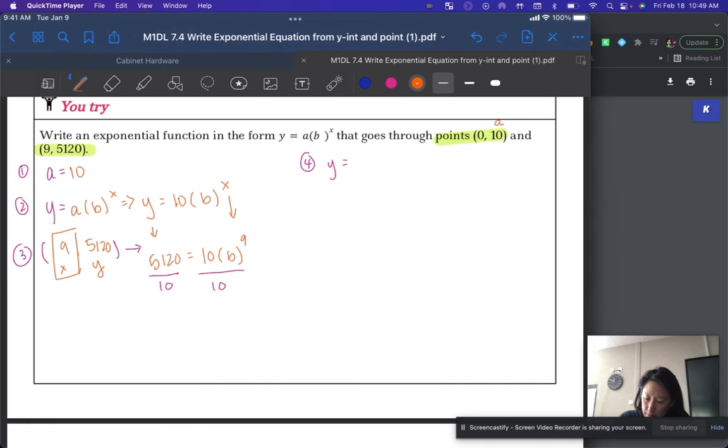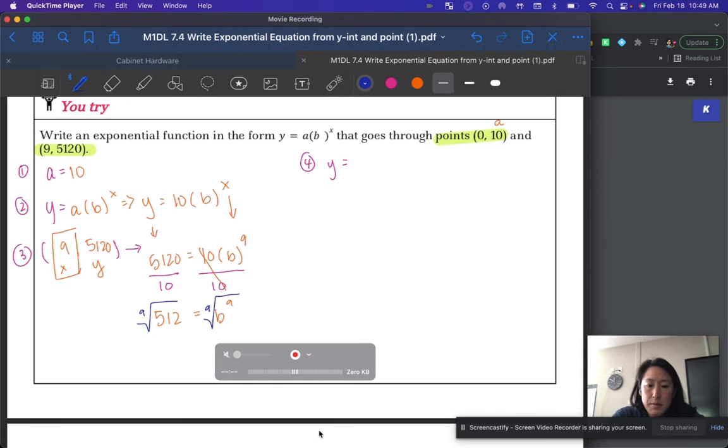I get 512, and 10 divided by 10 is 1. On the right-hand side, I get b to the 9th power. Okay, so a square root undoes a square, a cube root undoes a cube, well, a 9th root would undo a power of 9.